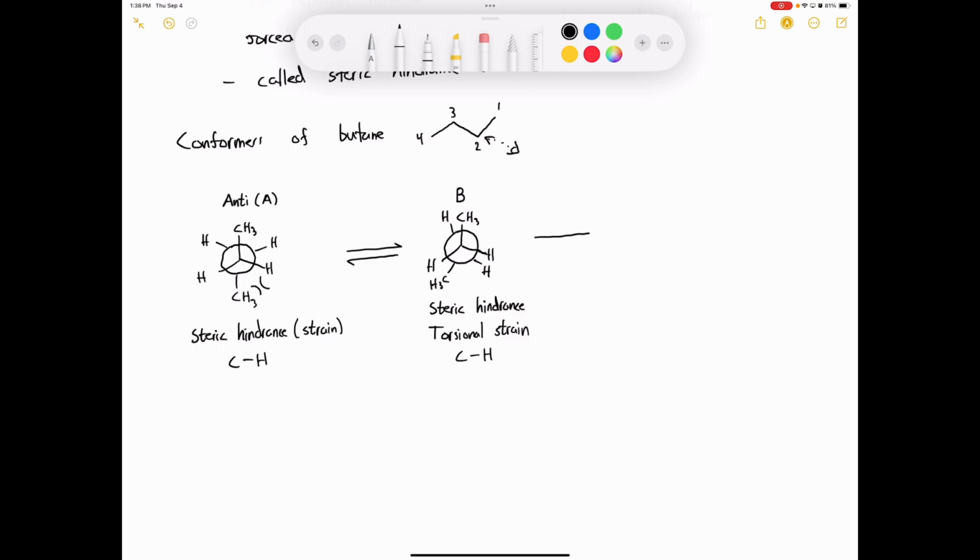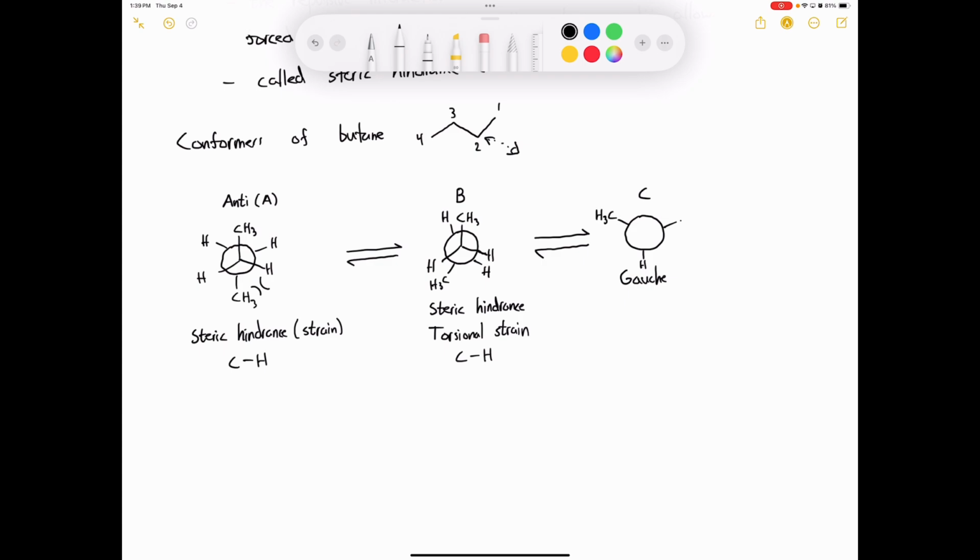We rotate one more time, 60 degrees here, and we get the first gauche conformation. This would be C, and this is called the gauche conformation. Let's rotate the back carbon 60 degrees.